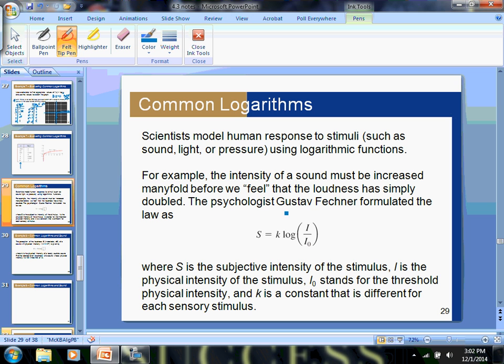And psychologist Gustav Fechner formulated this law. Okay, so this is a good application for logarithms. And notice that it's log base 10. It's just log. Okay, and it says S is the intensity. I is the physical intensity. I sub 0 is the threshold of physical intensity, and K is the constant.